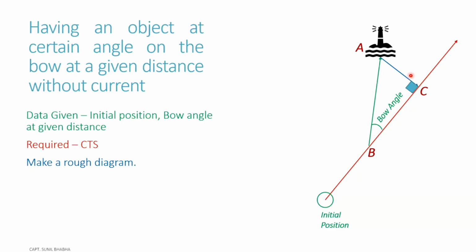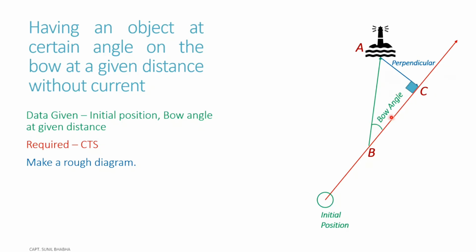Now you see in our rough diagram, there is a triangle ABC, and this ABC triangle is a right-angled triangle. Angle C is the right angle. Now side AC is the perpendicular, considering angle B, the bow angle.